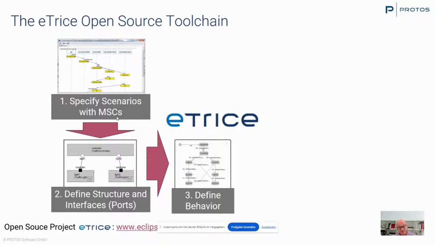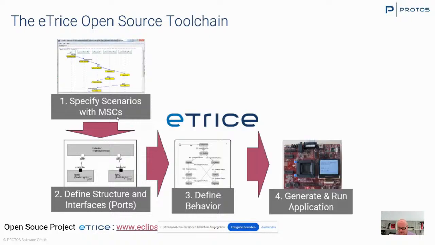And then, because it's very formal, you can directly generate and run the application. So you generate C code, for example, you compile this, you flash this to your microcontroller, and that's a little demo here, eTrice on MSP430 microcontroller or an ARM or whatever it is, doesn't really matter. It's completely portable, the generated code.